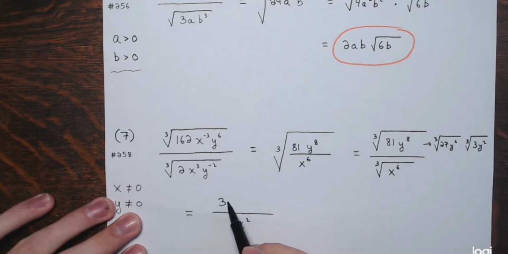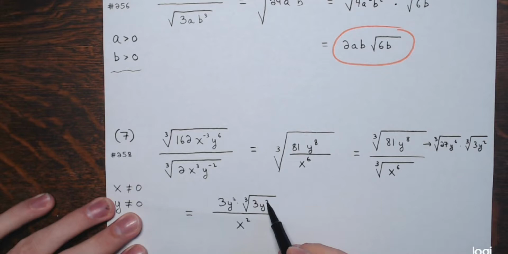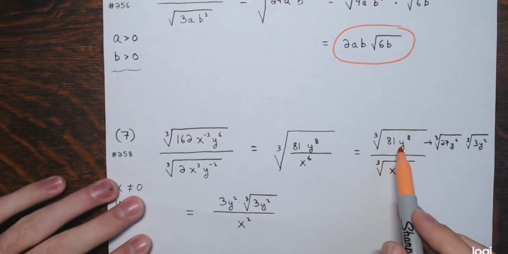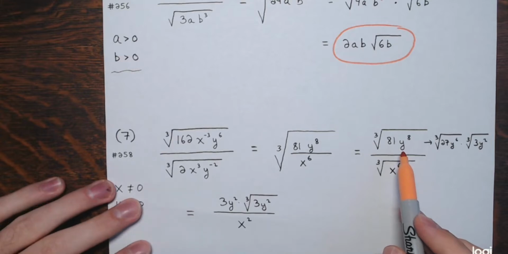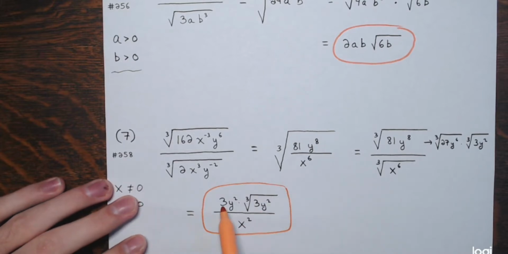So 3y squared times the cube root of 3y squared in the numerator, right? So notice, again, the numerator wasn't a nice perfect cube like in questions 1 through 5. This is as simple as this radical gets. So we have 3y squared times the cube root of 3y squared in the numerator, and just x squared in the denominator.